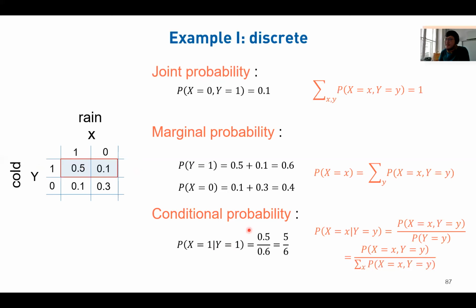In this case, it's 0.5 over 0.6. You can read here to get a better understanding. Quite importantly, when we are calculating the conditional probability, there are two events, x and y. The numerator is the joint probability, and the denominator is the marginal probability of the condition.